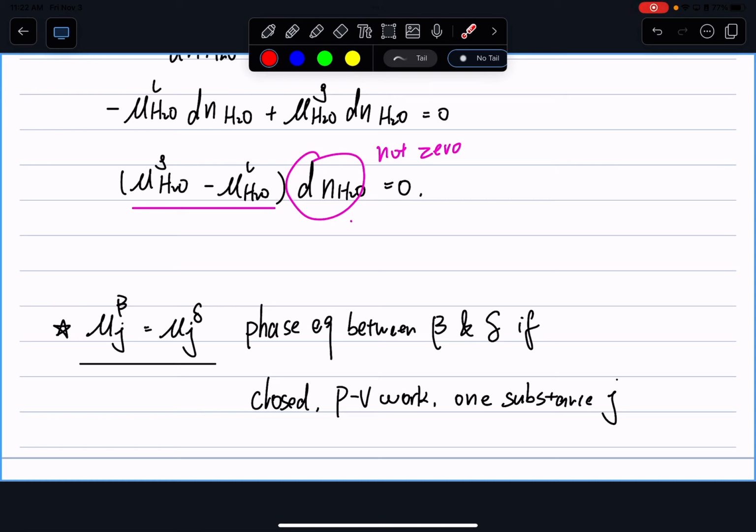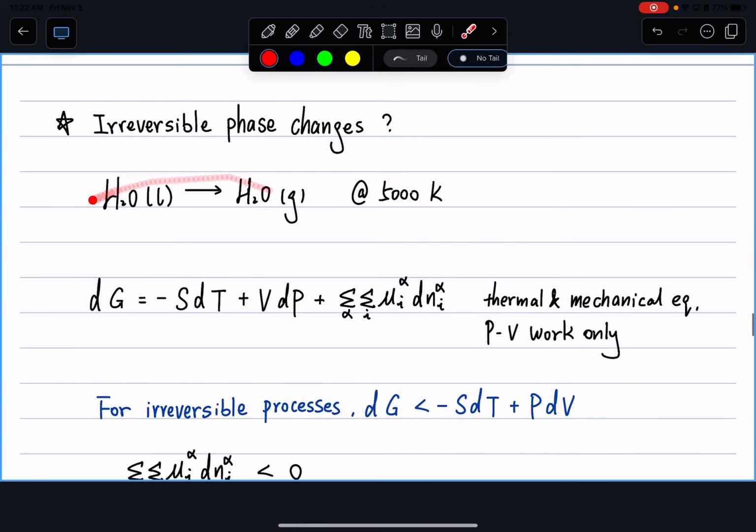So what about irreversible phase changes? Likewise, consider the vaporization of water, but now the vaporization is taking place at, let's say, 5,000 K. Once your water is vaporized into gas, the reaction is irreversible. So how does this term become?